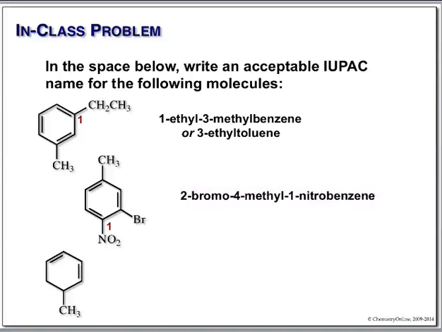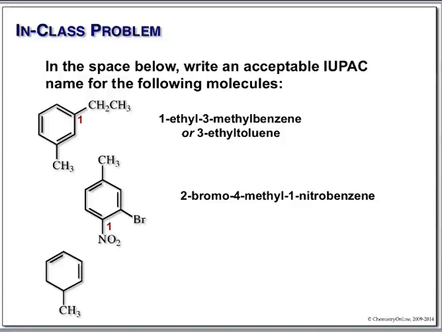And our last nomenclature here. This is not toluene. No, we're missing a double bond, isn't it? So this is a diene. Our parent here is going to be a cyclohexadiene. Remember, we want to start numbering at one end of our diene.